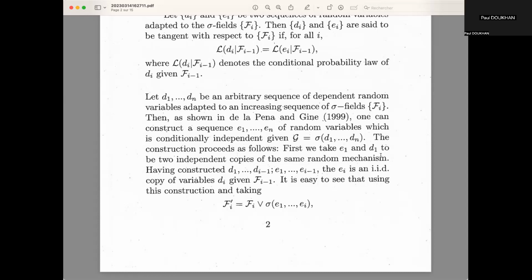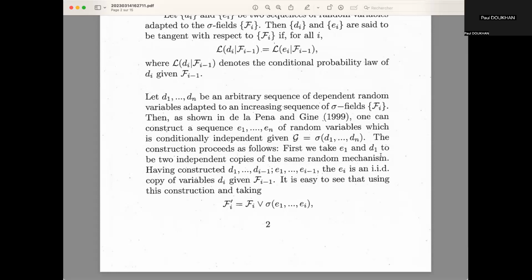So if I close this, I have F sub i is the sigma field of the D's, and then F sub i prime is the sigma field of the D's and the E's. So they are adapted to the same sigma field. Okay?